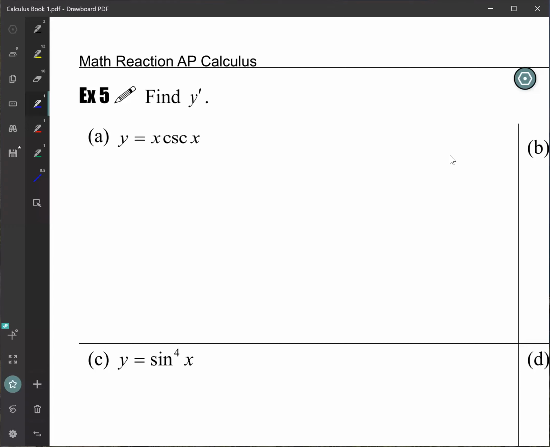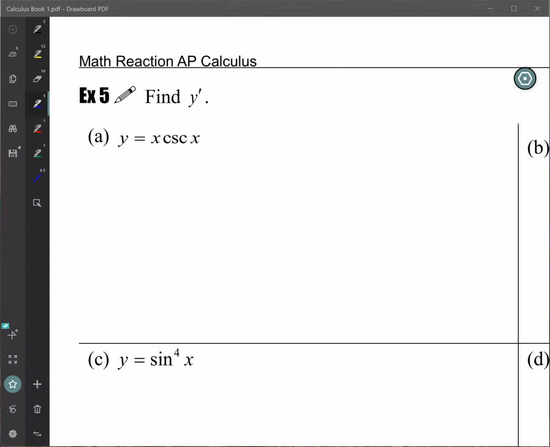Yes. Okay. Leon. Sine prime is cosine. Cosine prime is negative sine. Tan prime is secant squared. Not yet.